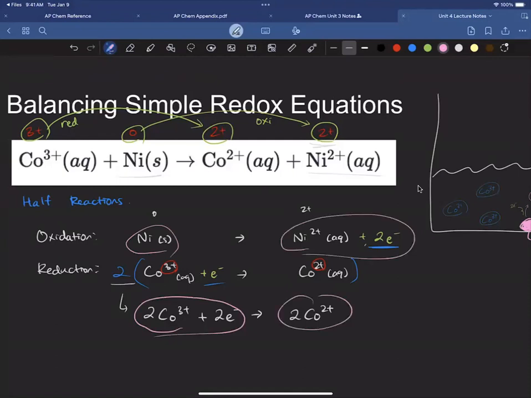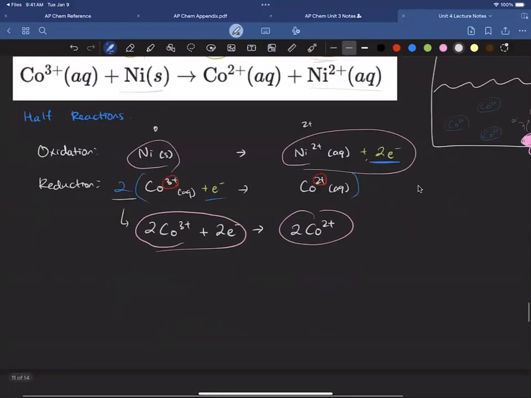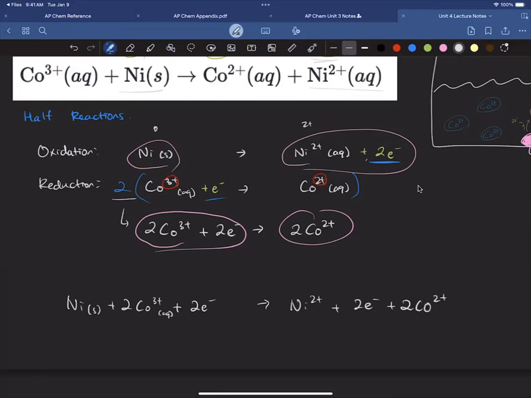If you add these together, it becomes nickel solid plus 2 cobalt 3+ plus 2 electrons, and then nickel 2+ plus 2 electrons plus 2 cobalt 2+.